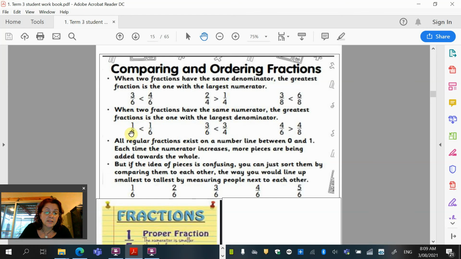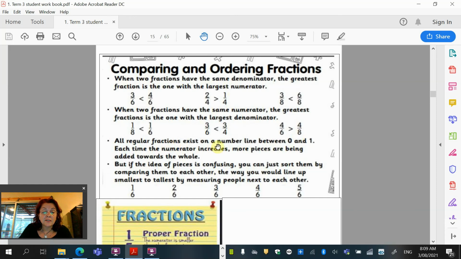This pie is sliced up into 8, whereas this pie is only sliced up into 6, so this fraction is smaller than this one. 3/6 is smaller than 3/4, and 4/6 is greater than 4/8 because there's only 6 slices, not 8.